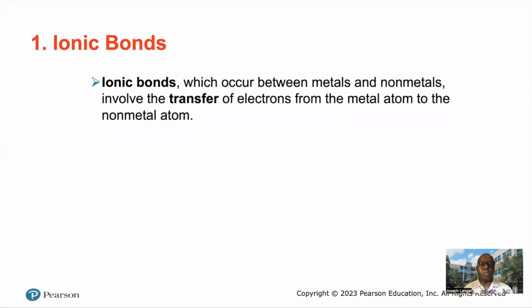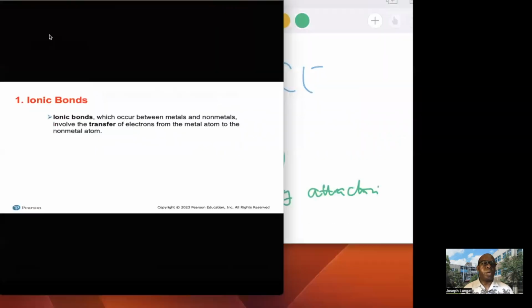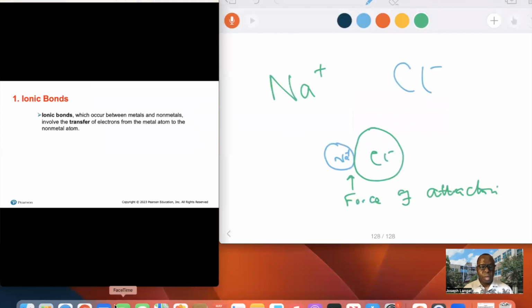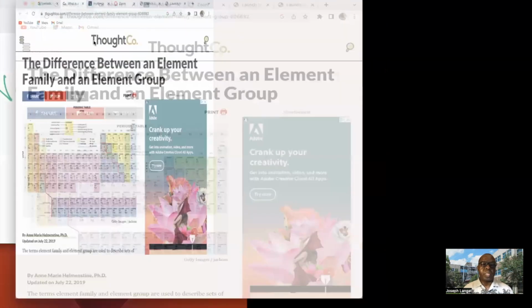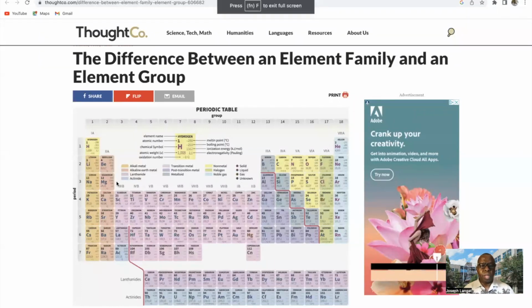You may not know an element, but let me just show you. By now, you should be able to classify an element as a metal on this side. You see these metals and non-metals on this side. You should know where they are. You may not know this is bromide, right?